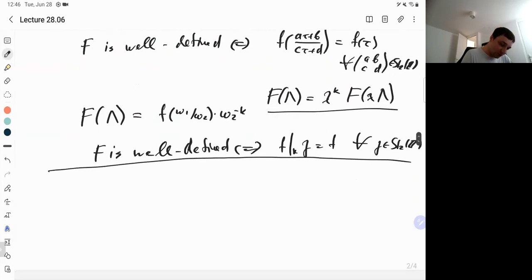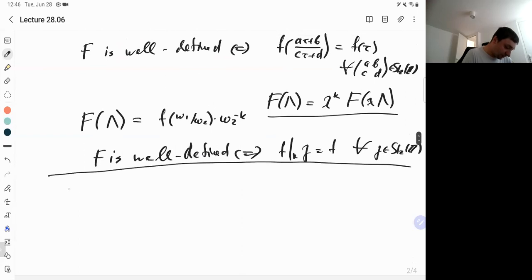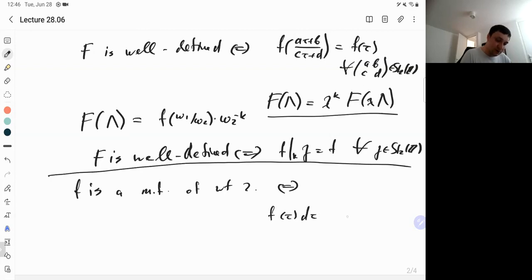Okay, and so another small comment before I start giving examples. For example, f is a modular form of weight 2. It's the same as to say that this differential form is gamma SL2Z invariant. Because if you think about what the change of variables does to this differential form, it exactly gives you the c tau plus d squared factor.